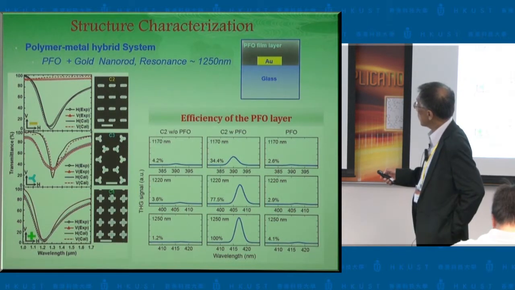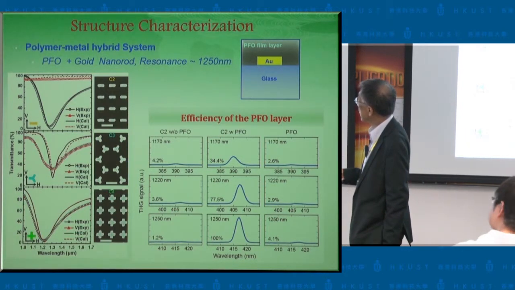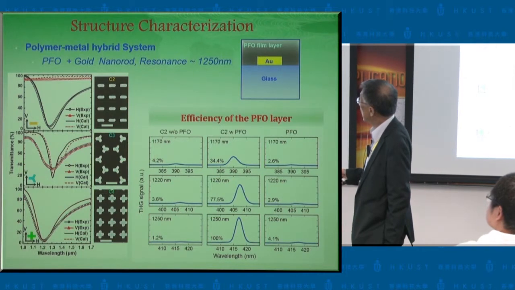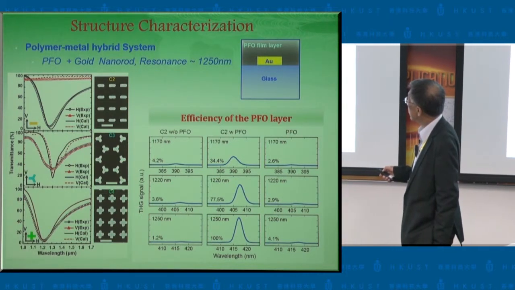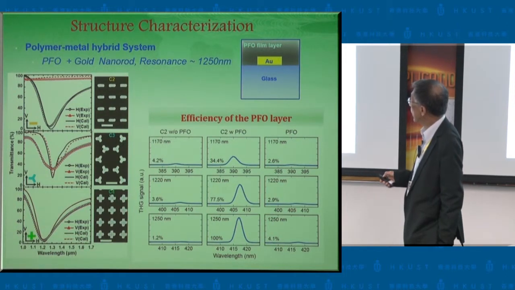Here you have a C2, C3, and C4, and you could see the solid lines with the dots, with the symbol, are the experimental, horizontal and vertical, and then the modeling or calculated results are the non-symbol red and black. And you could see they agree really well.